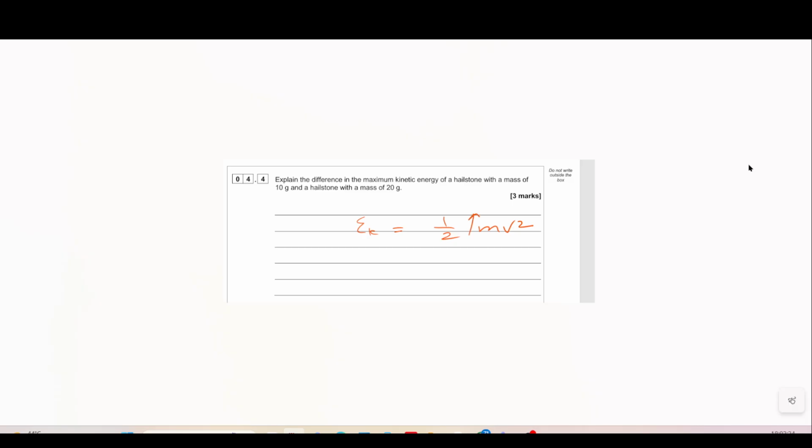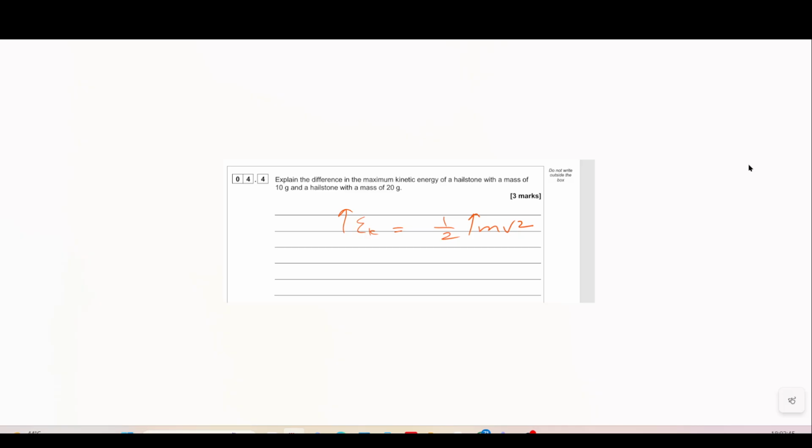So if mass increases, the kinetic energy is higher. Exactly. Greater mass means greater kinetic energy.